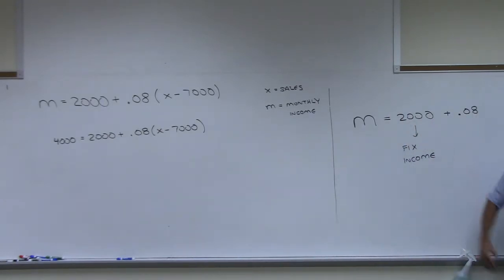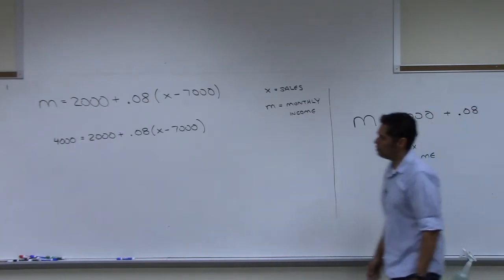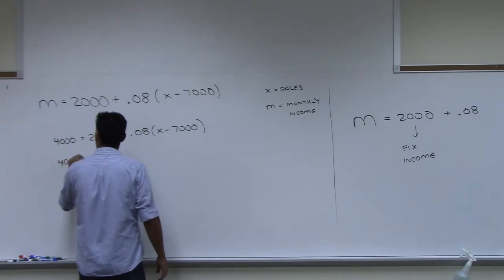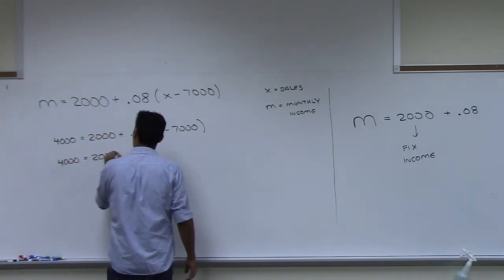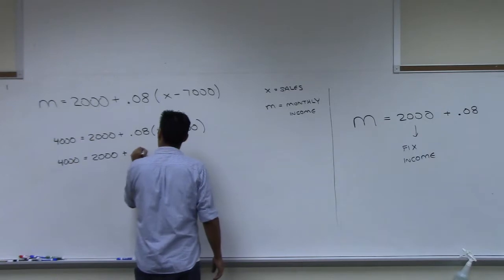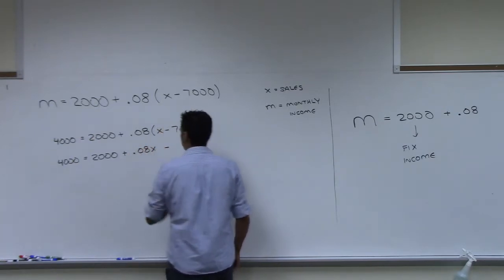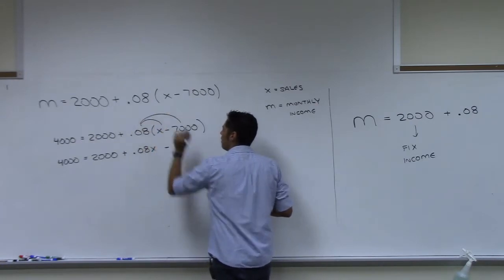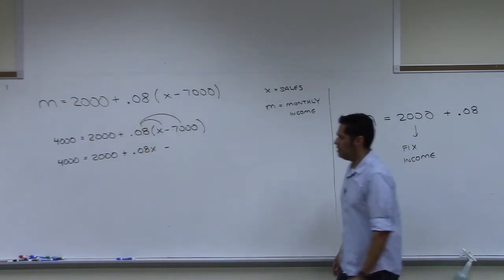And now you're back to a linear equation in one variable. So you'll distribute. Got to clear out these parentheses first. 0.08x minus, what's 0.08 times 7,000? So I'm distributing, right? 560.